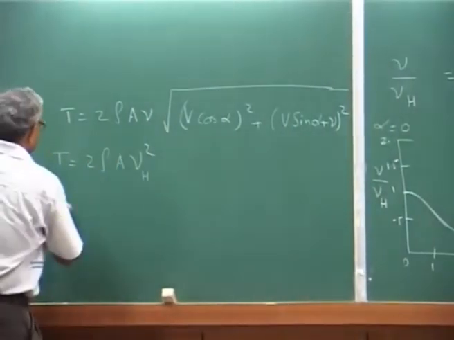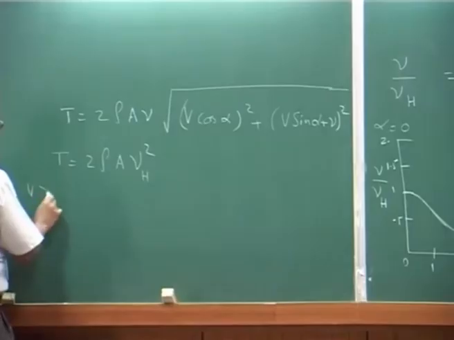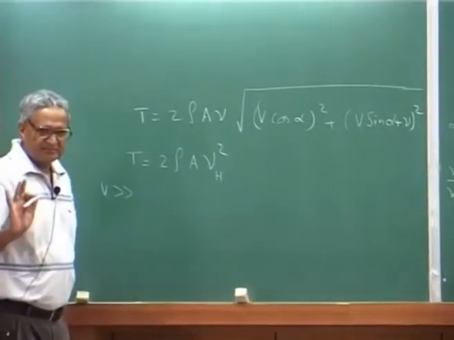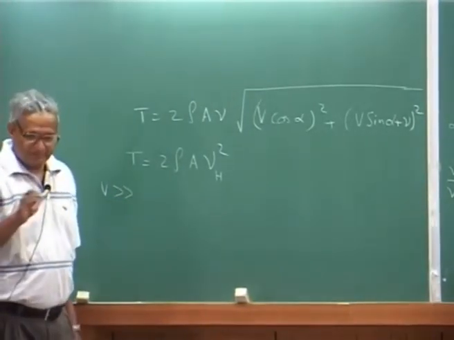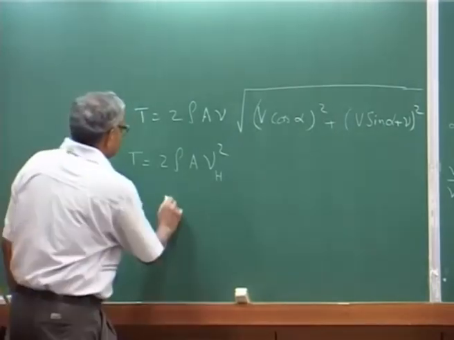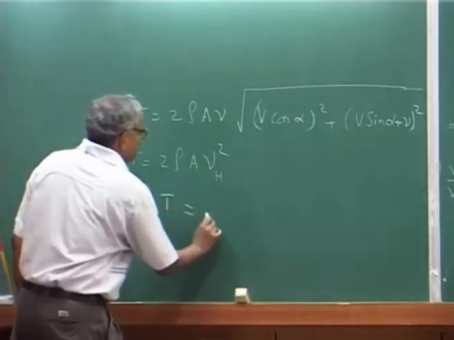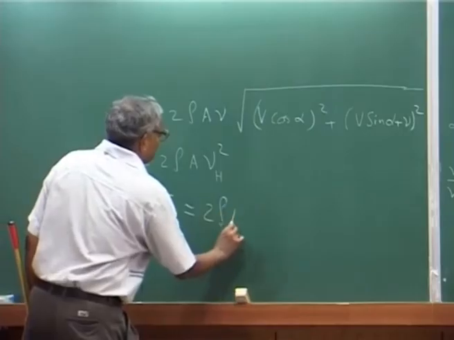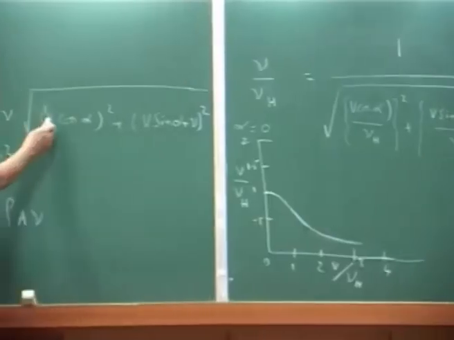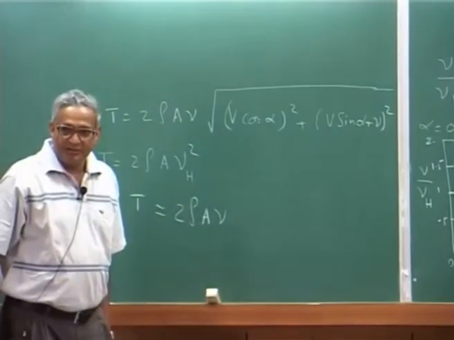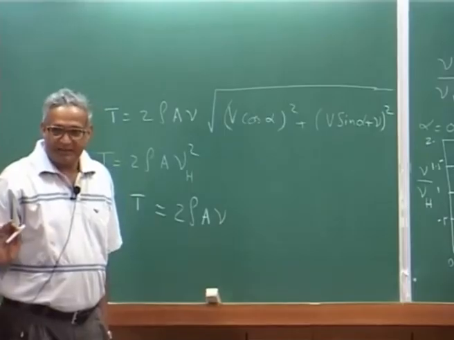Therefore, you can write for v very large, I am just saying very large, we will find out how large, the thrust becomes only this term, v cos alpha.